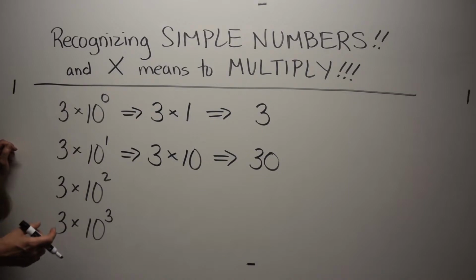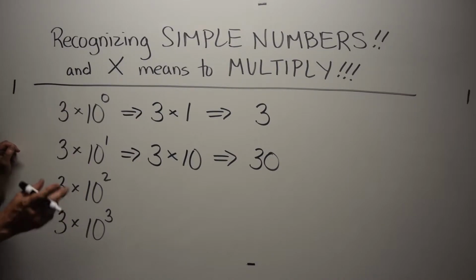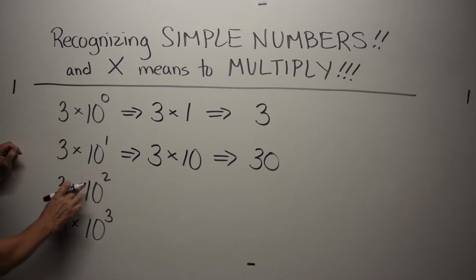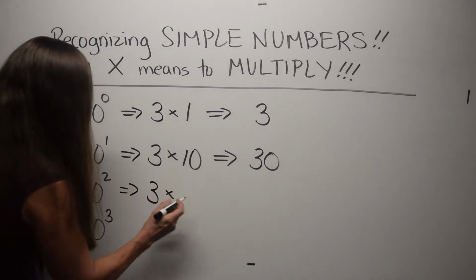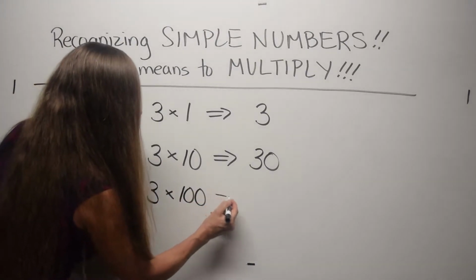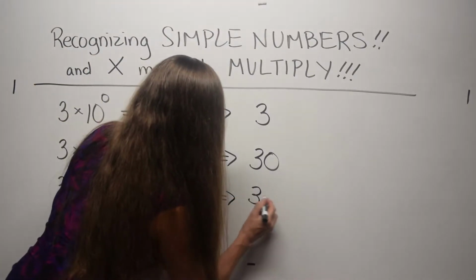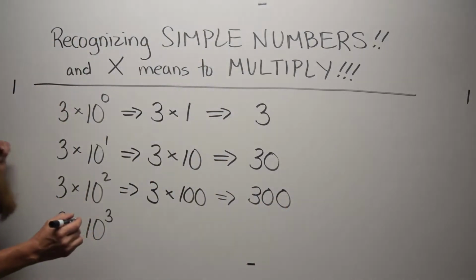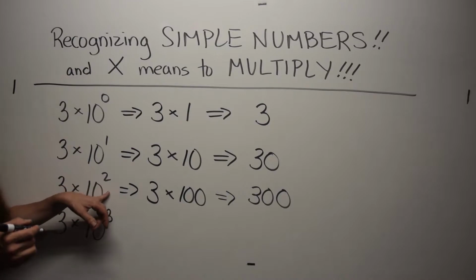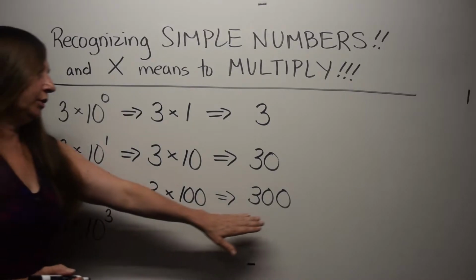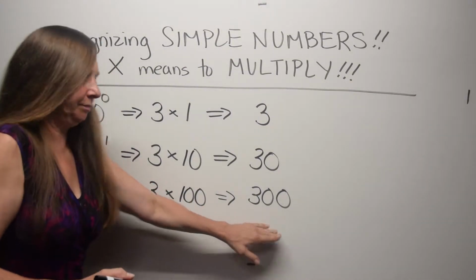10 to the second power is 100. What's 3 times 100? 3 times 100 would be 300. So really, any mantissa times 10 to the second power is going to be in the hundreds.